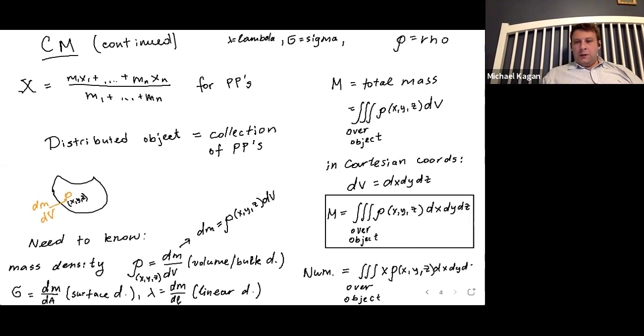And you have to repeat this integral for each of the three coordinates. You substitute y and z in order to compute the y and z coordinates of the center of mass. Does that make sense? Okay.